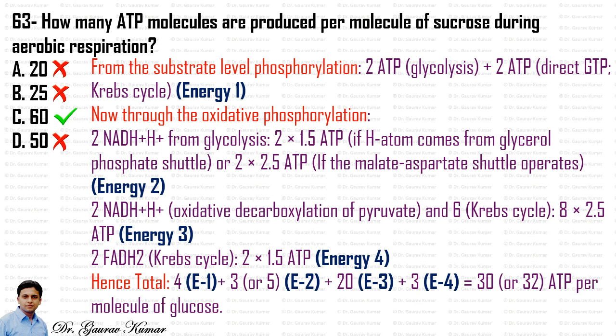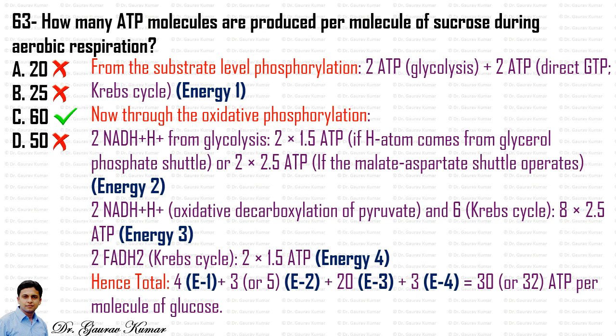Now 2 FADH2 come from the Krebs cycle and 1 FADH2 yields 1.5 ATP, so 2 into 1.5 ATP is energy 4. If we total all these energies E1, E2, E3 and E4, it comes out to 4 ATP from E1, 3 or 5 ATP from E2, 20 ATP from E3 and 3 ATP from E4, which sums up to 30 or 32 ATP per molecule of glucose.